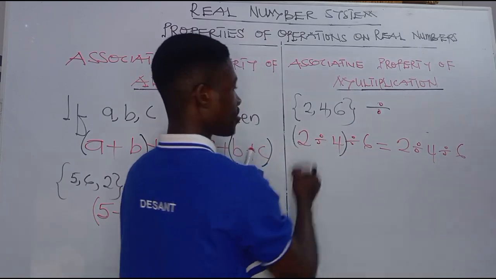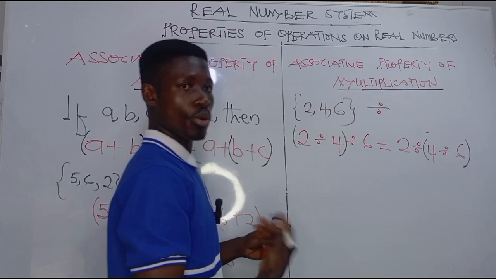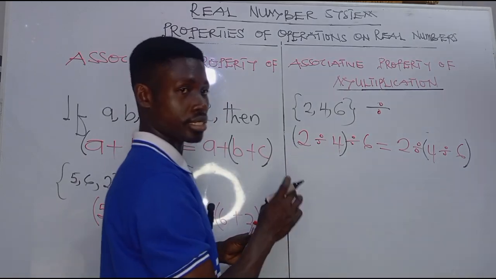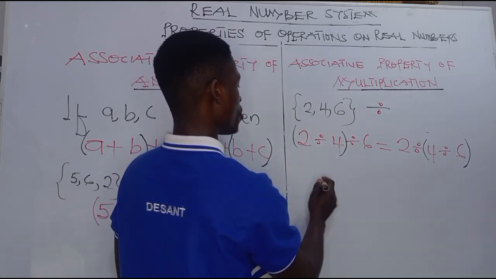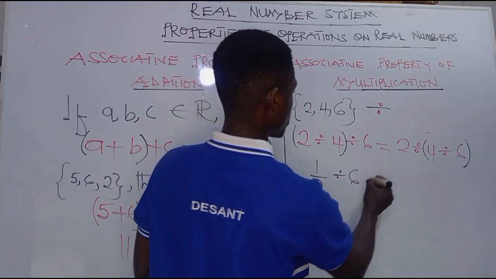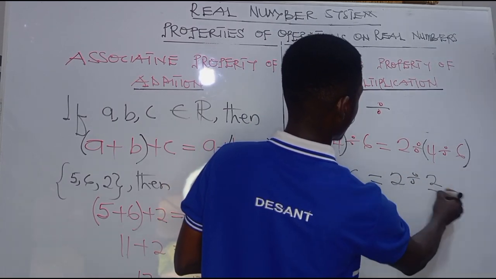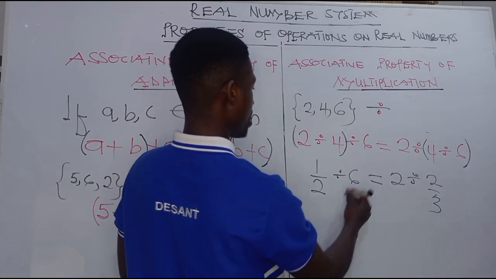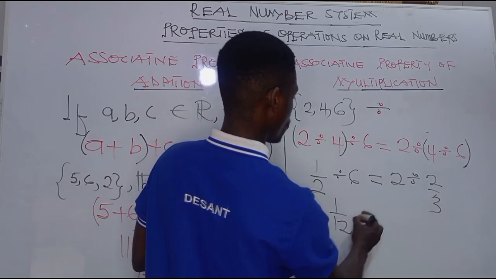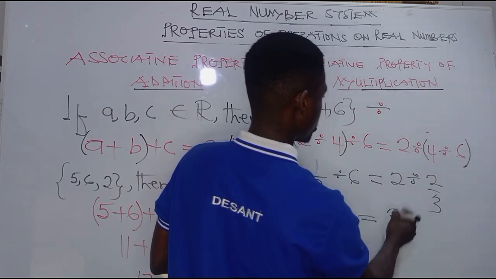You always start with those within the parentheses first. 2 divided by 4 will give us 1 over 2, right? Divided by 6. So half divided by 6 will give us 1 over 12. And 4 divided by 6 gives us 2 over 3, so 2 divided by 2 over 3 will give us 3.